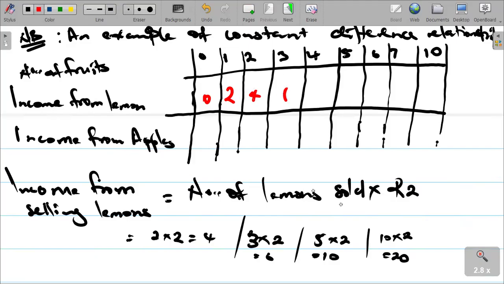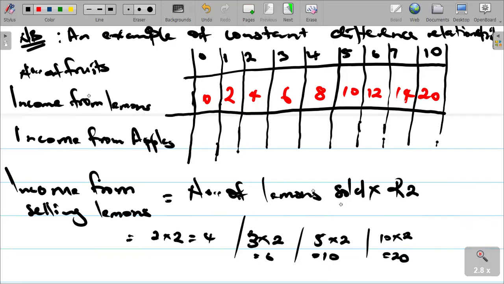Multiplied by 2, we get 6, then 8, then 10, 12, 14, 20. That is the income from selling lemons.